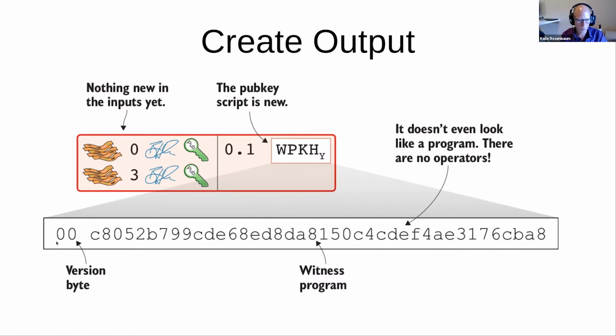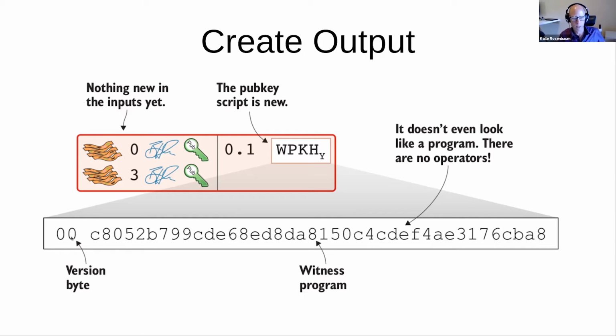It starts with a version byte, the witness version, and followed by the witness program. So that's all there is. There are no operators in this output, which seems weird to people. It doesn't even look like a program, but still this is called the witness program. You could say 1 or 2 things about the naming of these things, but this is the way it is. It's called the witness program.